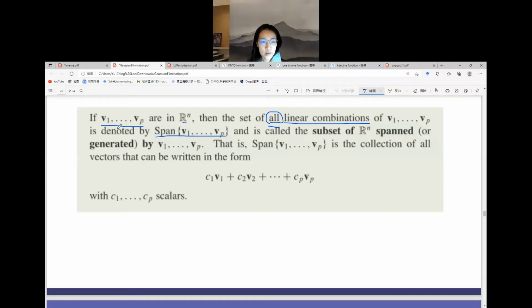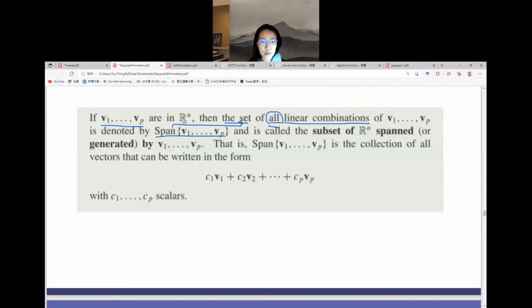And then here is a more general concept called span. Span of V1 to VP is the set of all linear combinations. So span is a set.